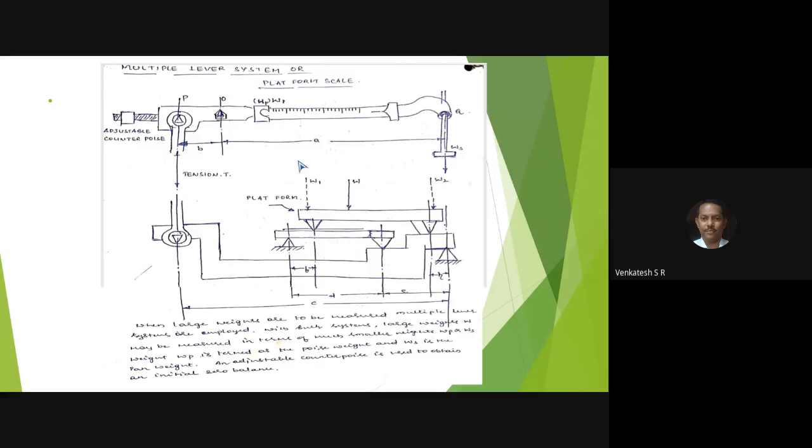Put a question mark. List the applications and limitations.